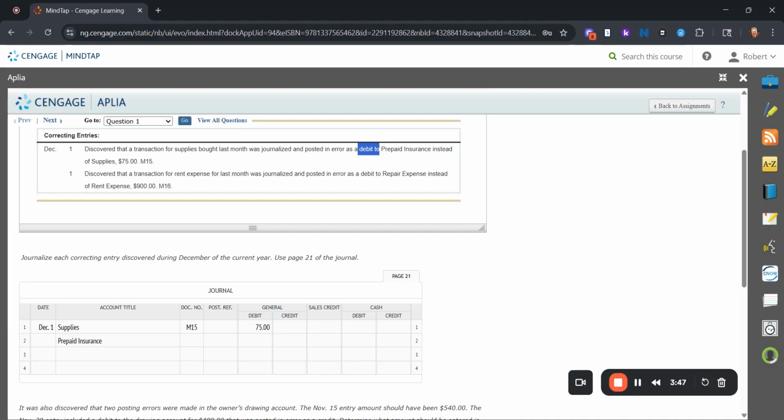Now we've got to repost that as a decrease to get the prepaid insurance back down to where it was. So we post that as a credit to prepaid insurance, because that will decrease the value of that account.